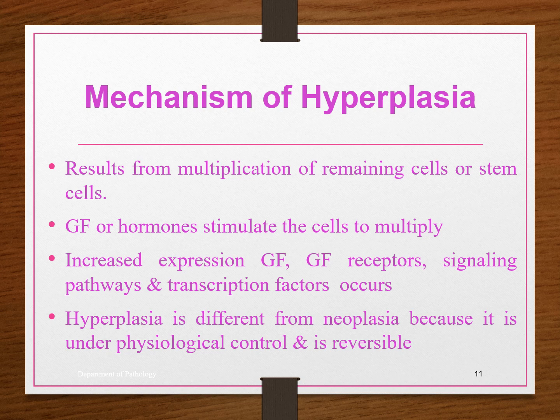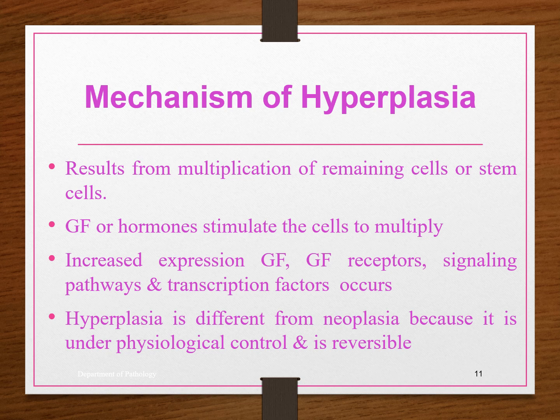How is this hyperplasia happening? That is the mechanism of hyperplasia. It results from the multiplication of remaining cells or stem cells. Growth factors or hormones will stimulate the cells to multiply. Increased expression of the growth factors and growth factor receptors and signaling pathways and transcription factors will lead to hyperplasia.